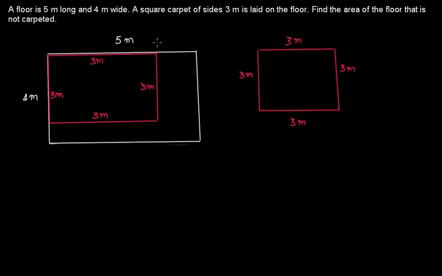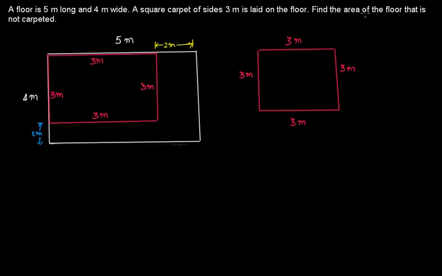This is 3 meter and the length left is 2 meter only. And in this case, we have 1 meter only. So there is no scope left for another carpet to be laid down here. And that is why we can only place one carpet.